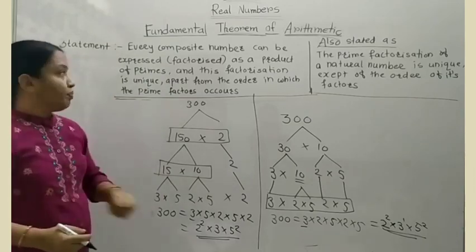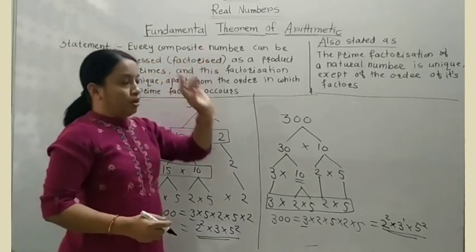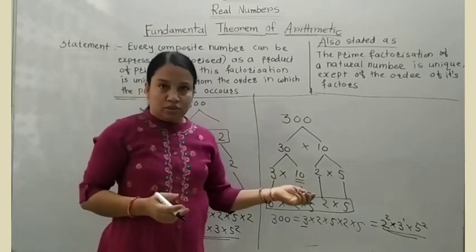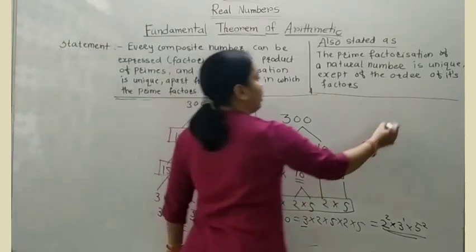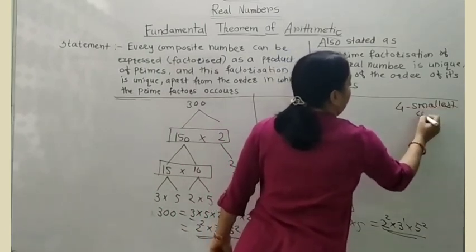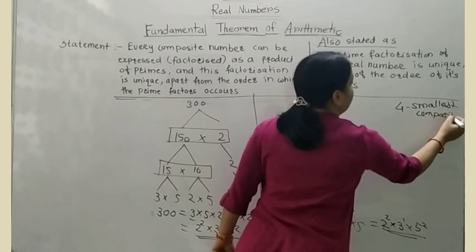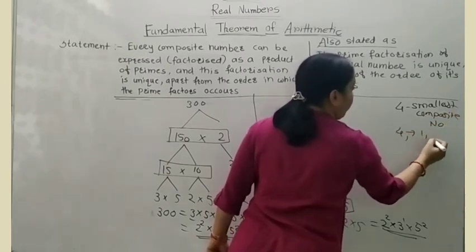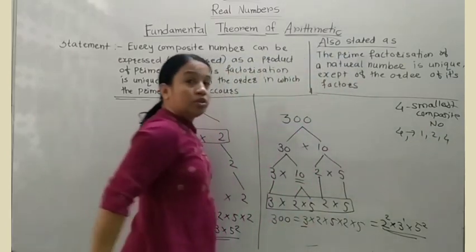What is that? Every composite number, meaning having more than 2 factors obviously. Keep in mind that 4 is the smallest composite number, as 4 has the factors 1, 2, 4, more than 2.